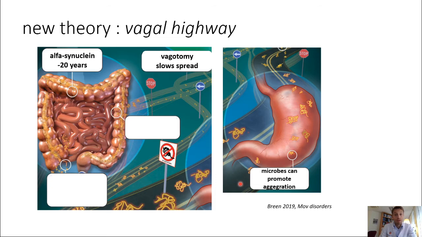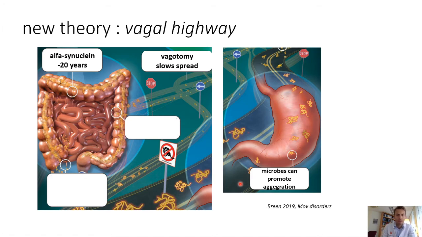If you perform a vagotomy, it's harder to spread the pathological alpha-synuclein, so you slow the progression of the disease to the brain. And even in patients clinically, if you look at retrospective cohorts, people who have had a vagotomy for different reasons have a lower chance of developing PD than patients who have not had a vagotomy before any symptoms started.